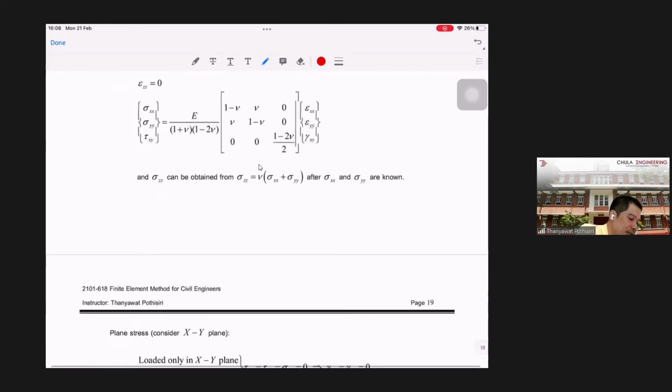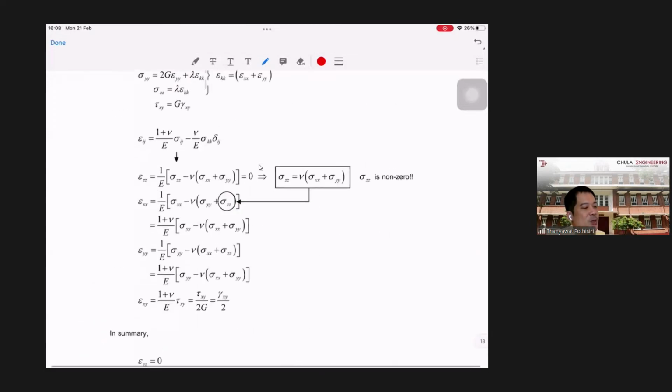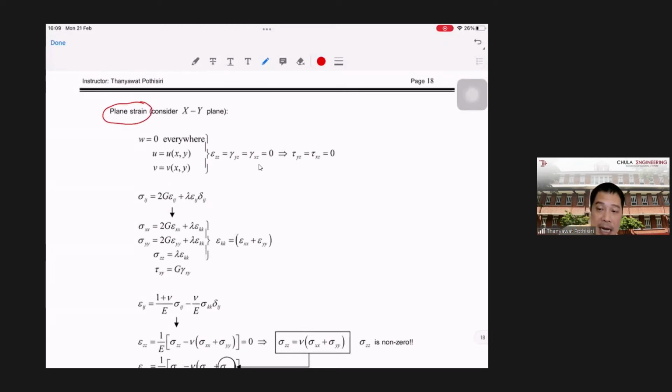The plane strain relationship between stress and strain is for the situation where you have no out-of-plane strain components. Suppose you have something that can deform only in the XY plane.